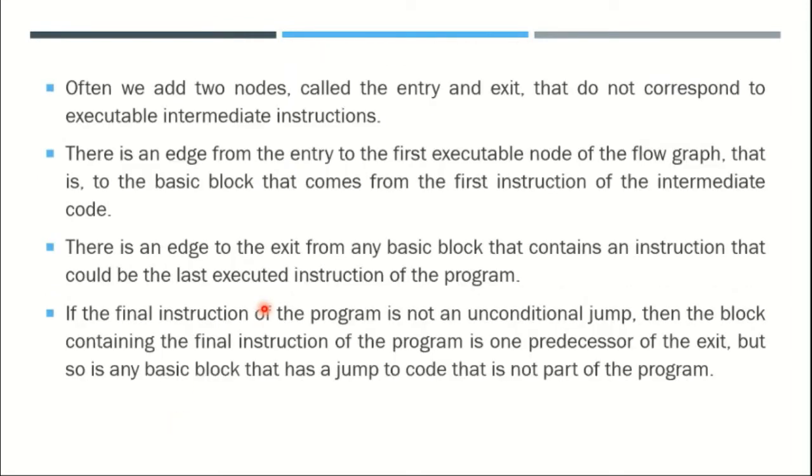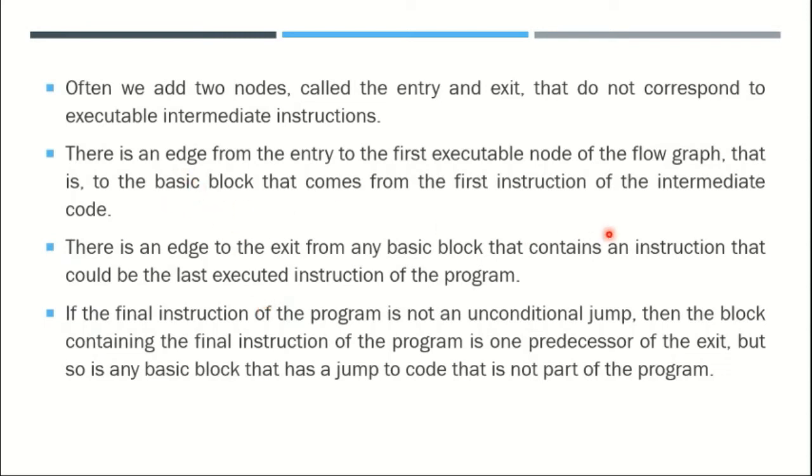Next, after the nodes and the connections between one node and another, we add 2 more nodes, called the entry node and the exit node. The entry node indicates the beginning of the execution, so the execution begins from this particular node.